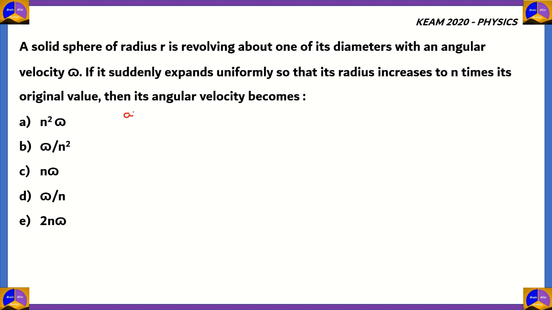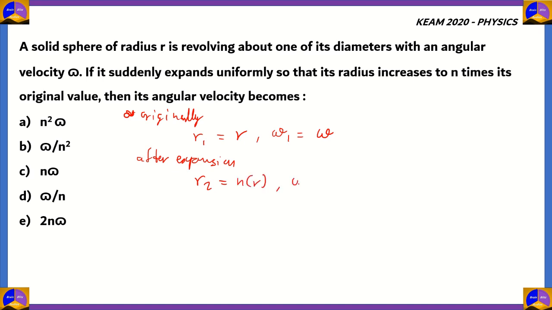Now, originally, the radius of the sphere r1 was equal to r. The angular velocity omega 1 was equal to omega. And after expansion, r2, the radius, will be equal to n times r, and omega 2 is what we have to calculate.